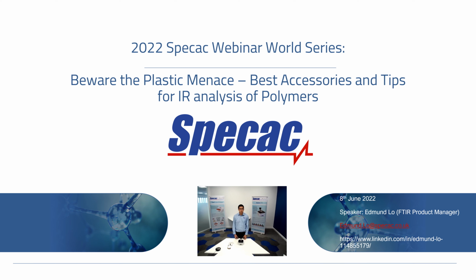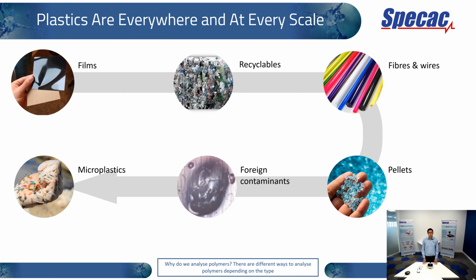So today we'll be focusing on plastics and how our FTIR accessories can be used to monitor plastics at different stages of manufacture. So polymers and plastics can come in many different forms.